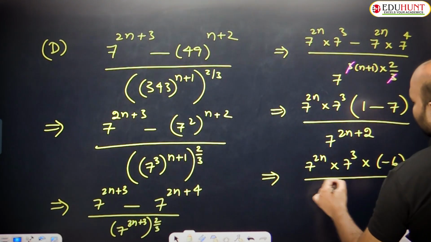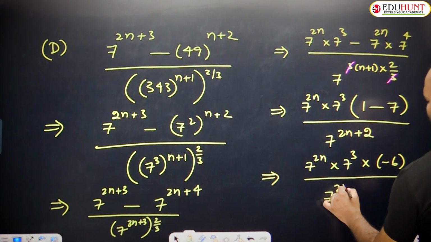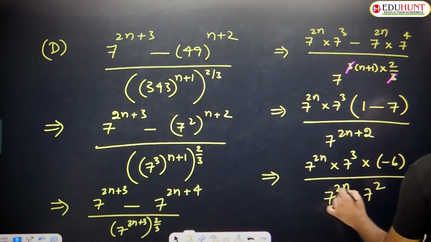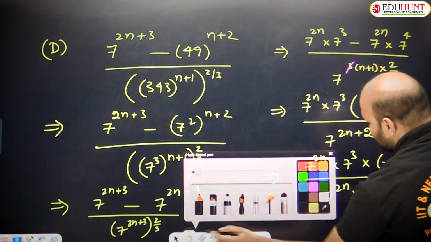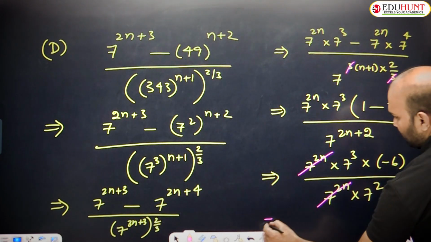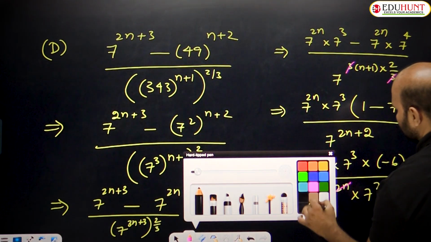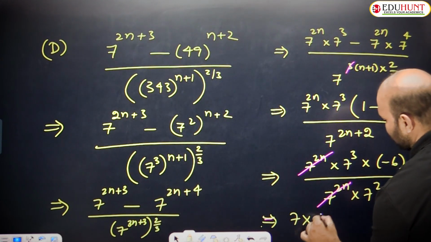Whole by a power m plus n can be written as a power m into a power n, so 7 power 2n into 7 square. So 7 power 2n cancels, and 7 square cancels. Which term is left? 7 into minus 6 is left.